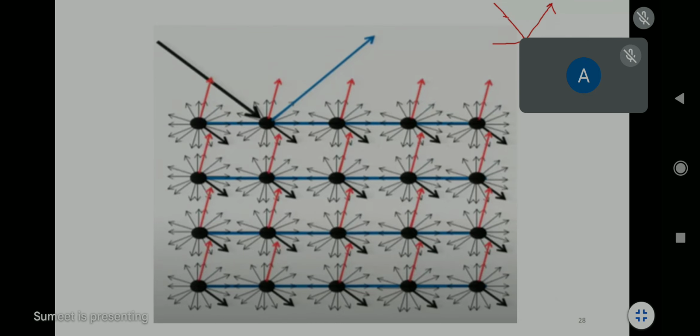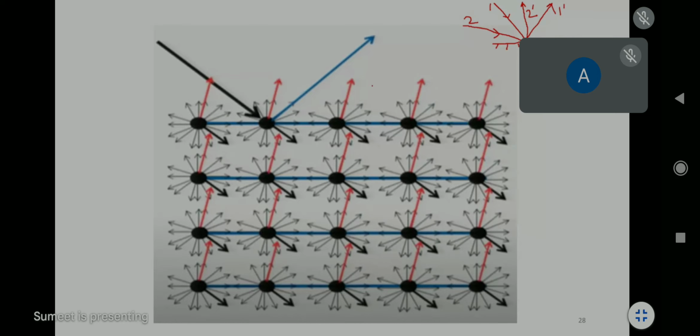Now suppose I'm changing the angle of incidence. This was 1, this is 2. Now this is the second incident wave. Although this reflective material is the same, you have changed the angle of incidence. Now this reflected beam will follow a different path. So this is the 2 dash reflected, this is 1 dash.